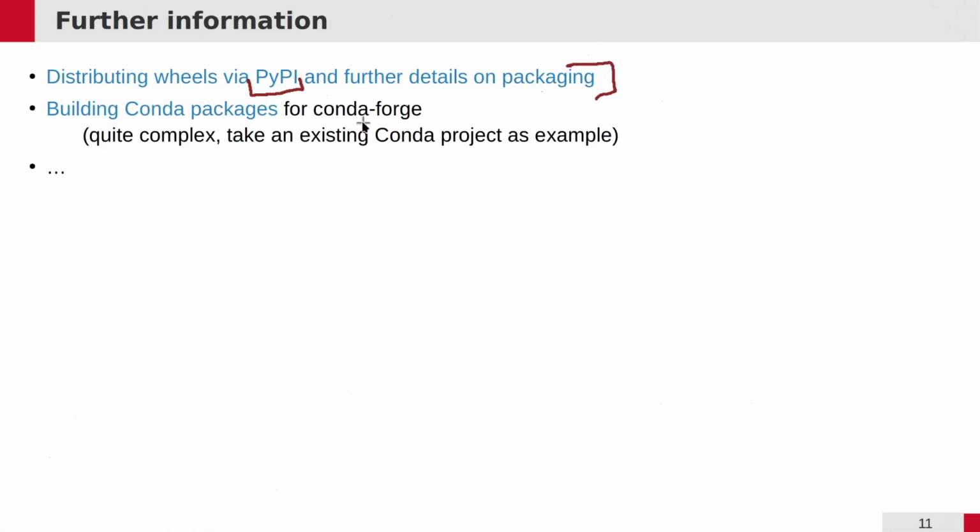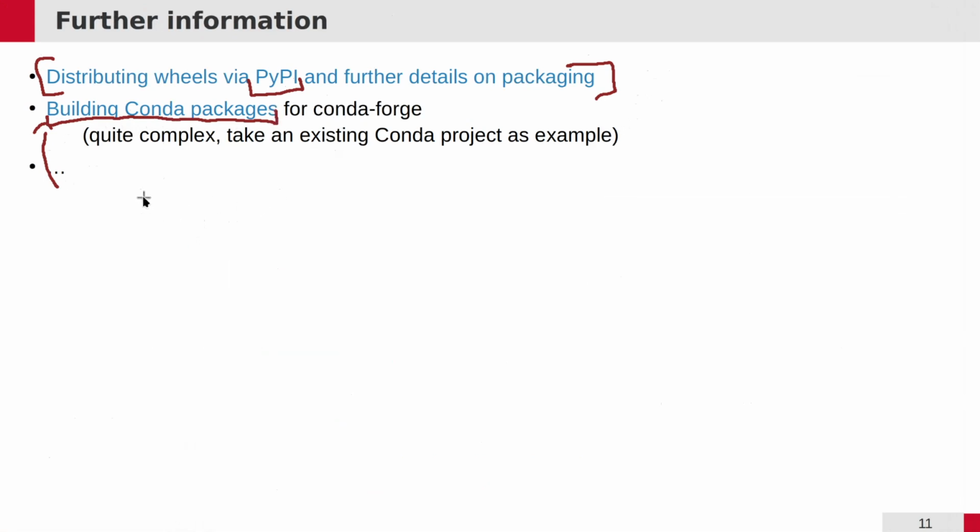This is a very, very nice description of how you should make Python packages and how you can distribute them using the pip technology. If you happen to want to write Conda packages actually on conda-forge, basically to also support users who are using Conda and not pip, then you can click on this link, because this gives you the first introduction of Conda itself, describing how to write a package from scratch.